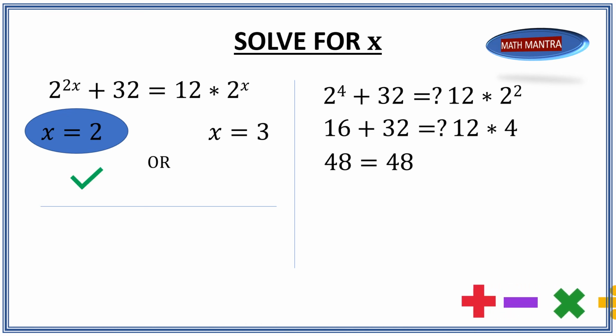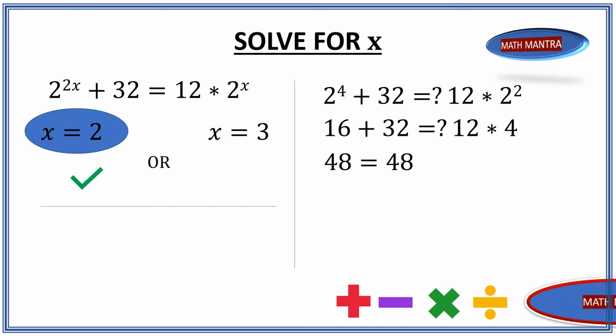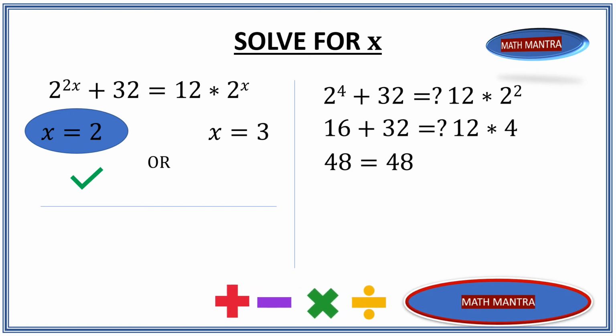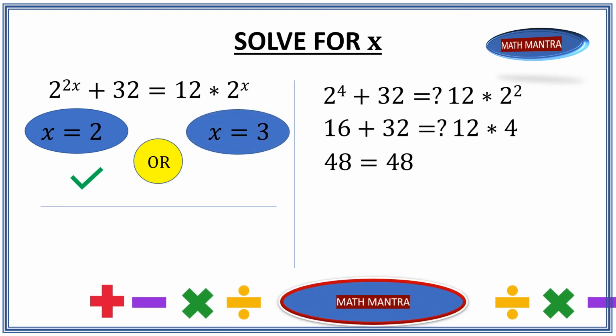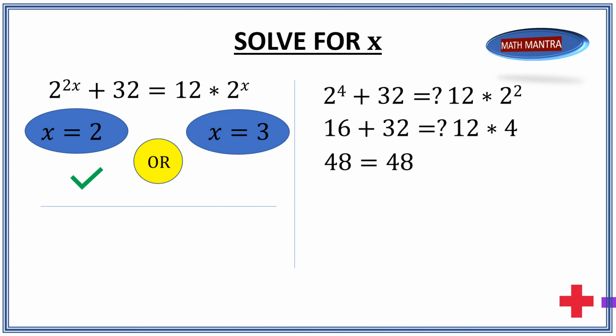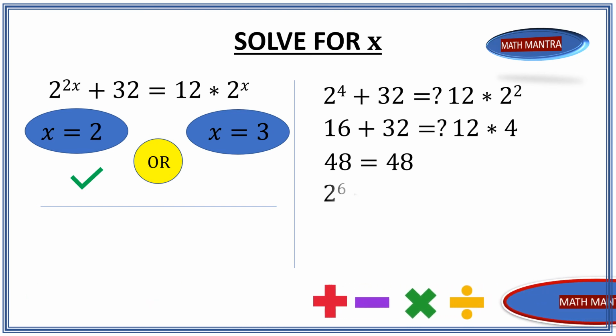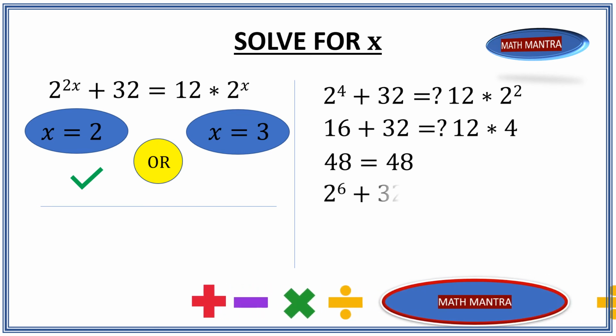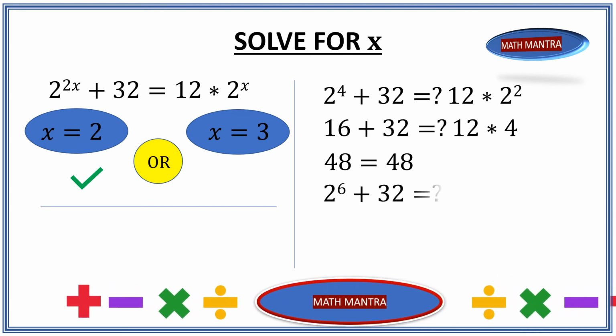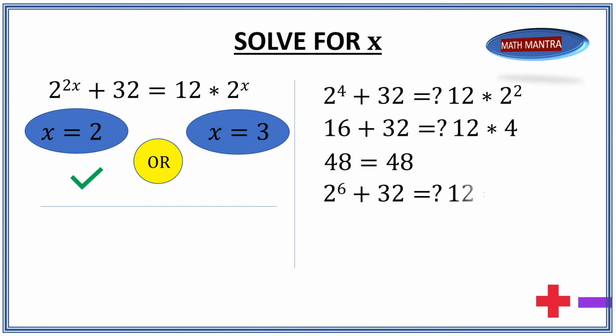So let's check quickly for x equals 3 as well. So let's substitute x is equal to 3 in that main equation. So let's go back. 2 to the power of 2 times x, which is 2 times 3 is 6, right? So 2 to the power of 6 plus 32 equals 12 times 2 to the power of 3, 2 cube, right?